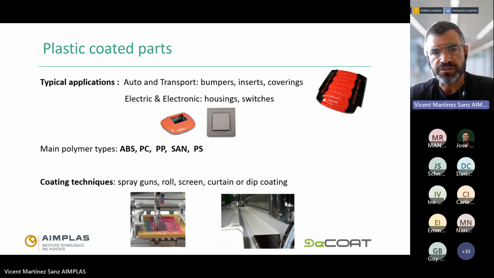Some decorative parts or components include coated plastics, and the main polymer types are typically the styrenics, such as ABS, SAN, PS, and also other technical polymers, such as polypropylene or even polycarbonate. The main coating techniques, especially at industrial level, include spray guns, roll coating, screen coating, or also, for some processes, curtain or dip coating.